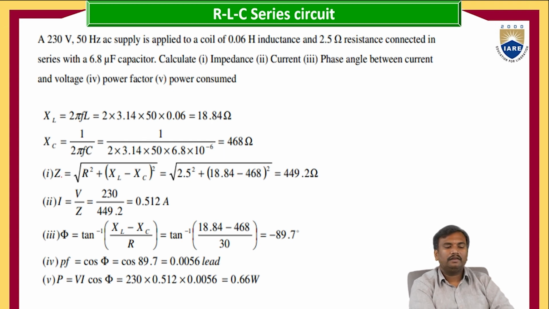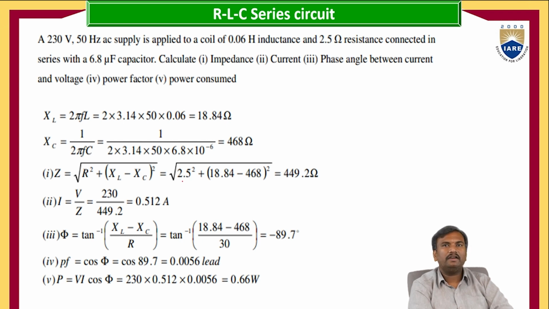So Z is equal to square root of R square plus XL minus XC whole square. R value is given as 2.5 ohms.